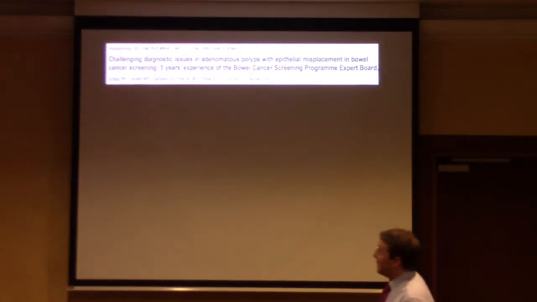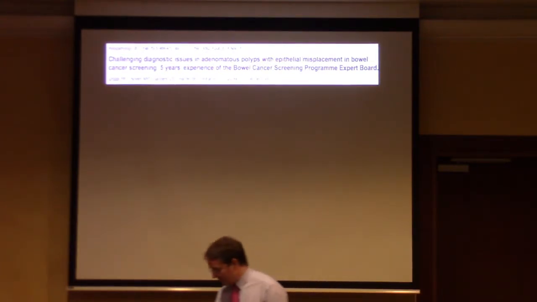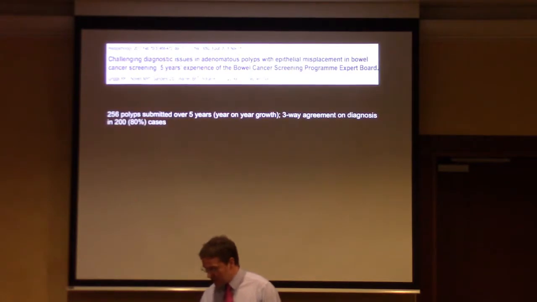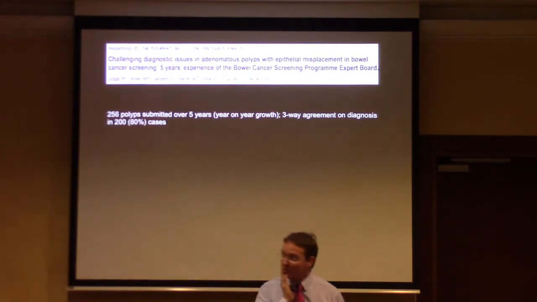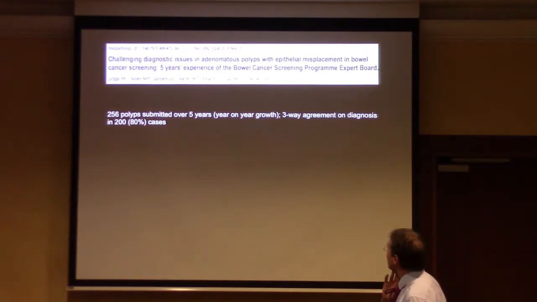The bowel cancer screening program in England set up this so-called expert board of 3 pathologists to help with such cases, so they would get referral cases sent in, and they got 256 over 5 years, and reported on these a couple of years ago.